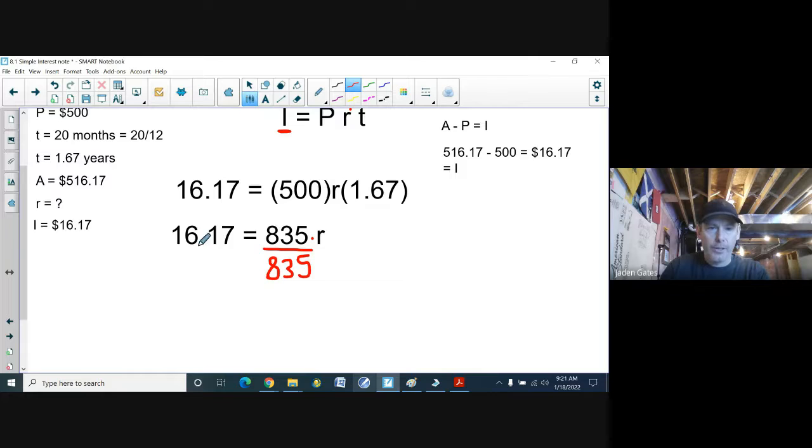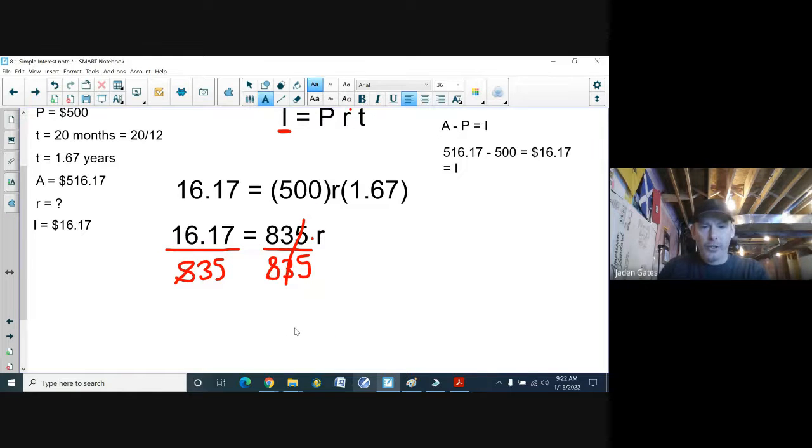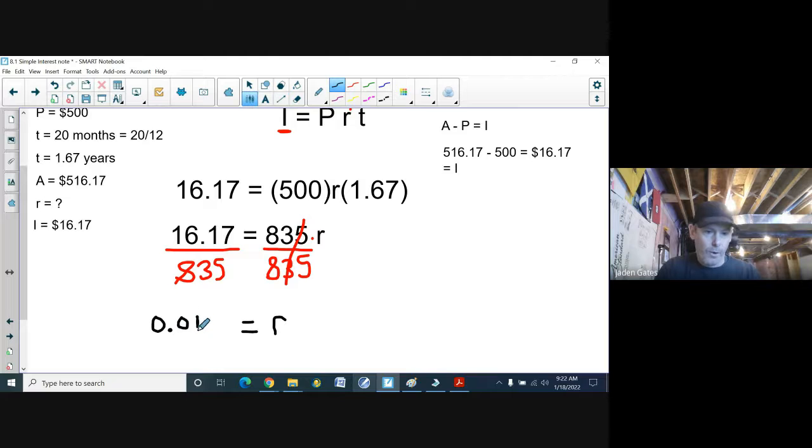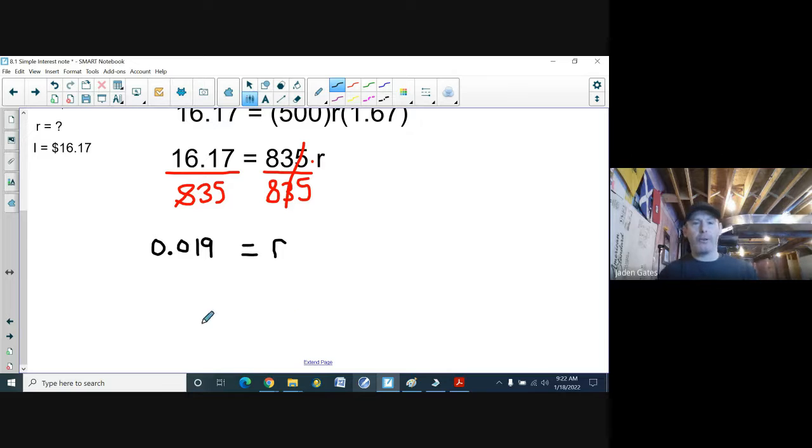What you do to one side, you have to do to the other. All right, and so those 835s divide each other out. And so my rate is going to be 16.17 divided by 835, and I end up with 0.019.